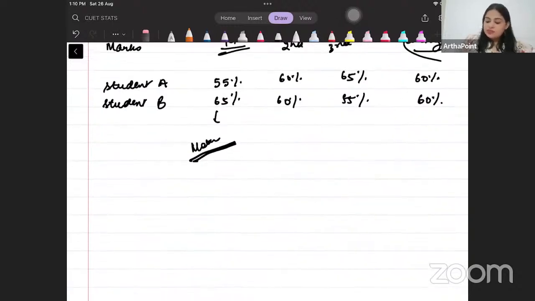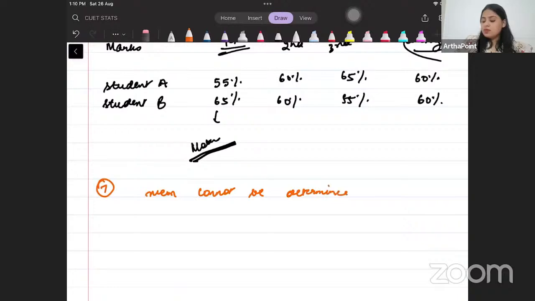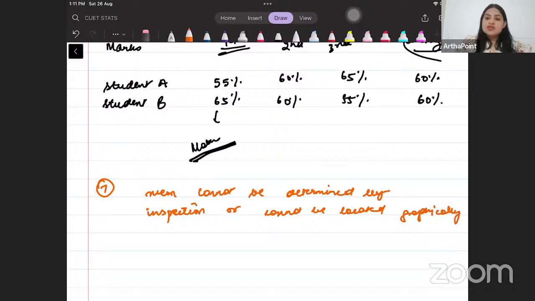Seventh. A mean cannot be determined by inspection or cannot be located graphically. What does this mean?